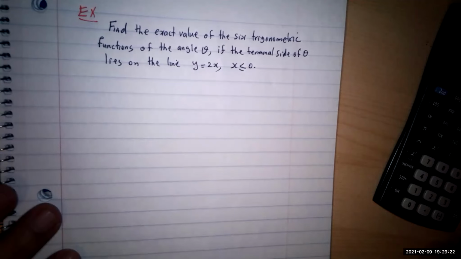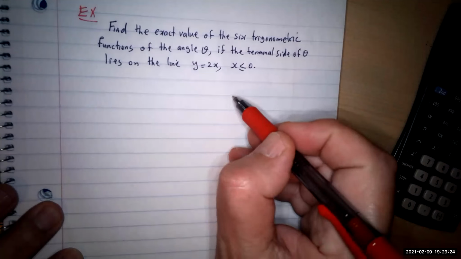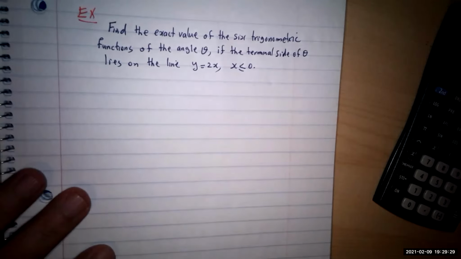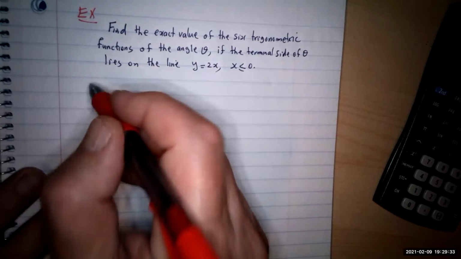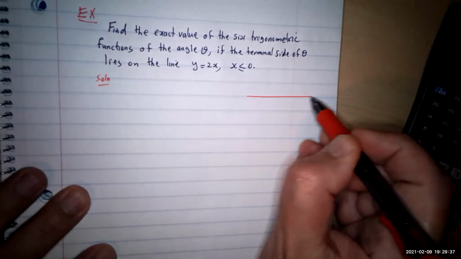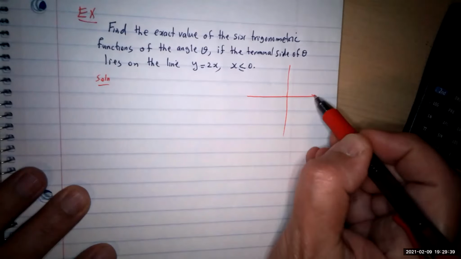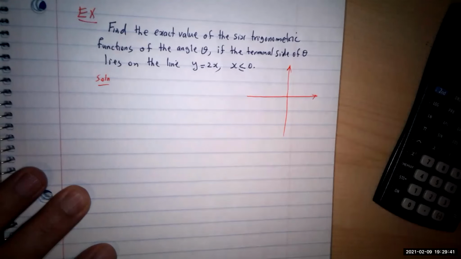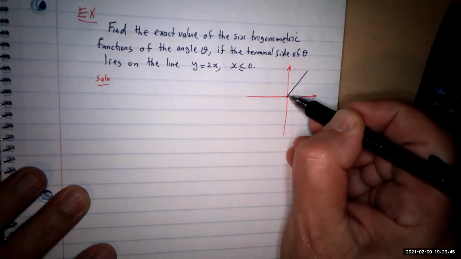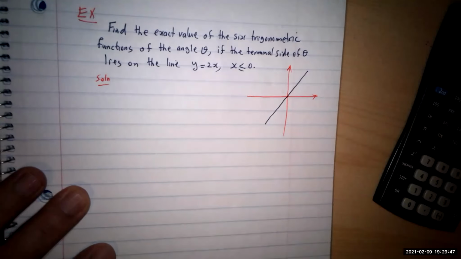Okay. So basically, you know that this line is a line passing through the origin, y equals 2x. You can easily draw this line. You see, this is what we have: the line passing through the origin, and we have an angle.